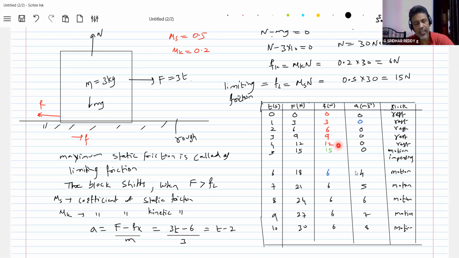Static friction varies with applied force, independent of normal reaction. Limiting friction is also static friction. So limiting friction depends on what? Depends on normal reaction. Okay, got it? So as long as applied force is less than limiting, the friction acting is static, which is independent of normal reaction and depends on applied force.